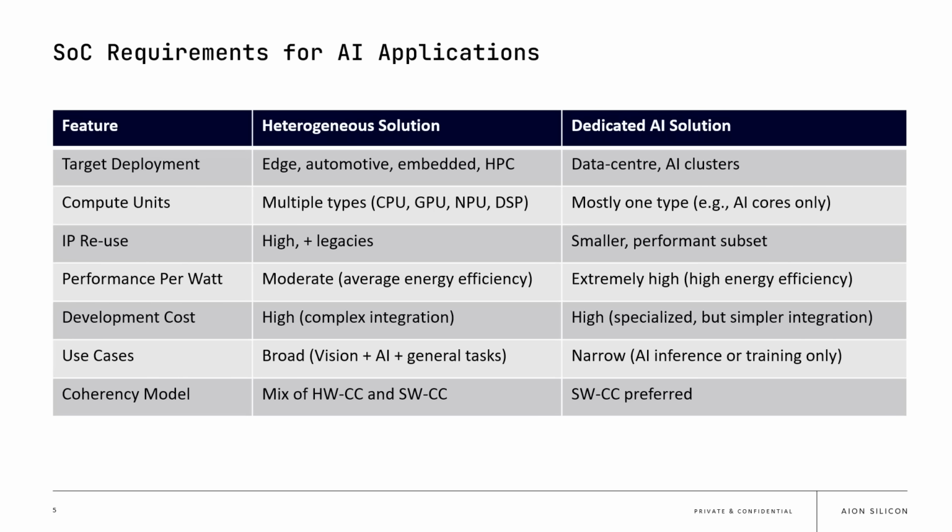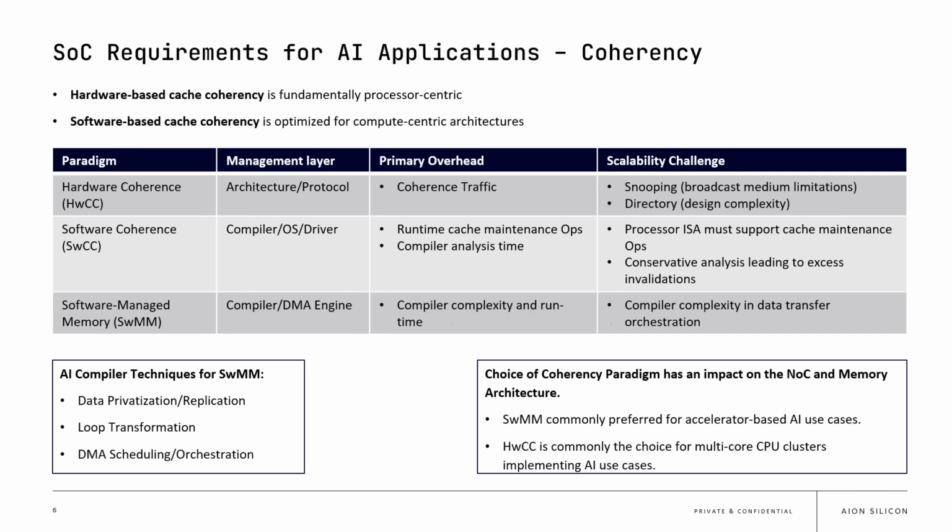So in terms of coherency model, we are seeing two types of coherency. You've got the hardware-based coherency, which is processor-centric, and then software coherency, which is more compute-centric. Hardware coherency is your usual AMBA, AXI, CHI, and more recently CXL cache and mem standards.